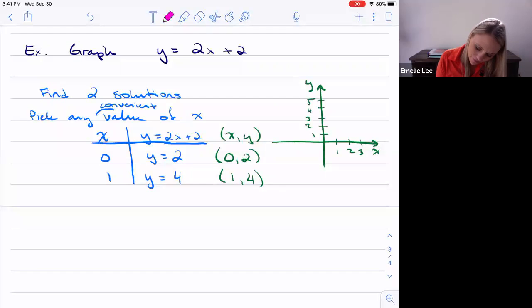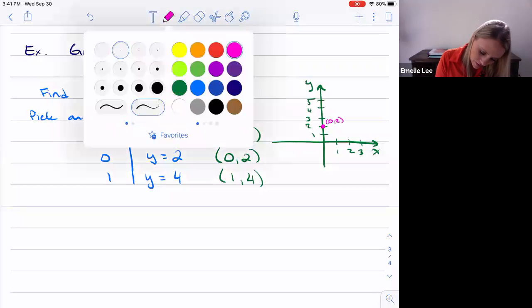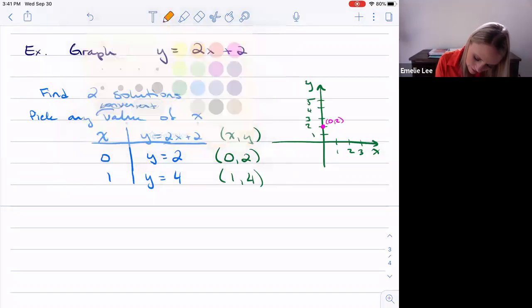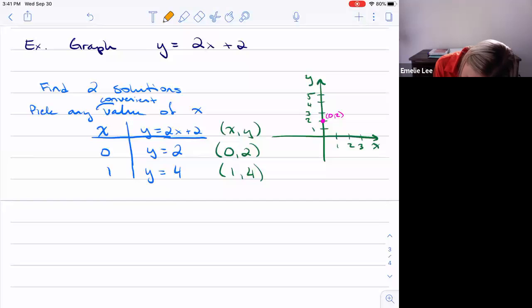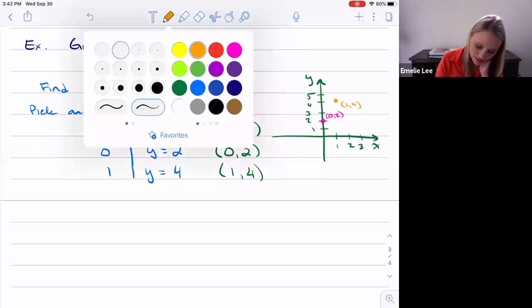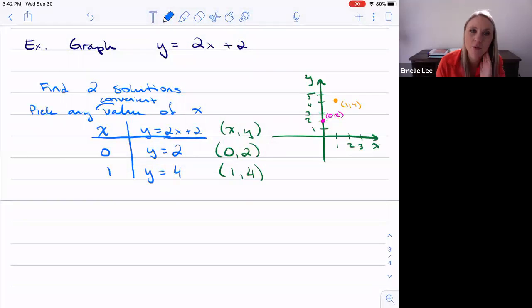So then my first point was 0, 2. So when x is 0, y is 2. So this is 0, 2. Then I'll use a different color for 1, 4. So when x is 1, y is 4. This is obviously not very beautiful, but there we go. And then our line, right now we have 2 points.